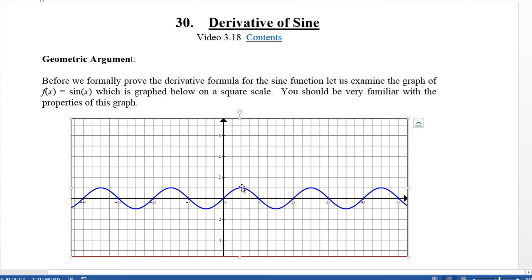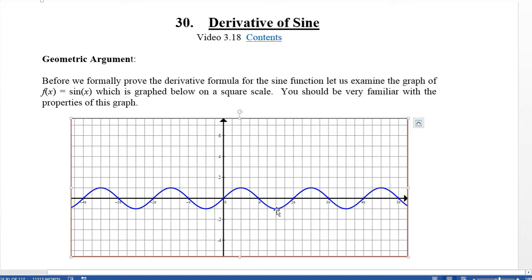It has several maxima, which are both global and local maxima. They occur at pi over 2 plus shifts of 2 pi. So pi over 2, and then pi over 2 plus 2 pi is over here, which is 5 pi over 2. And there's another one here, and one over here, for example.